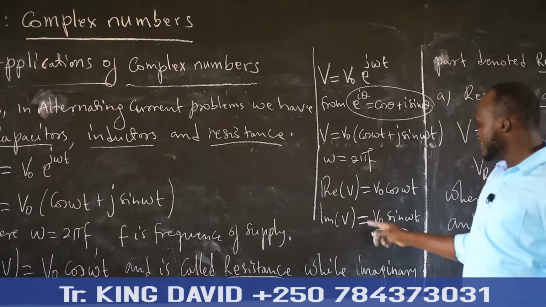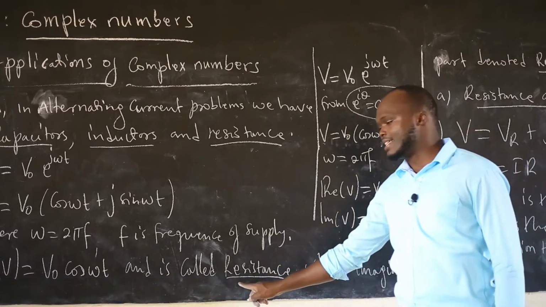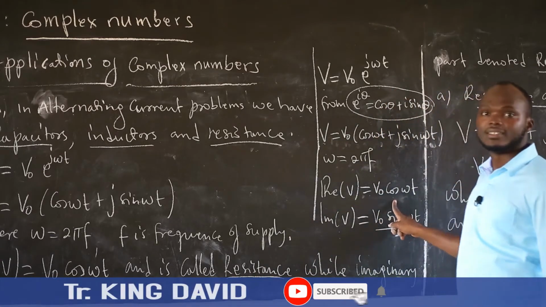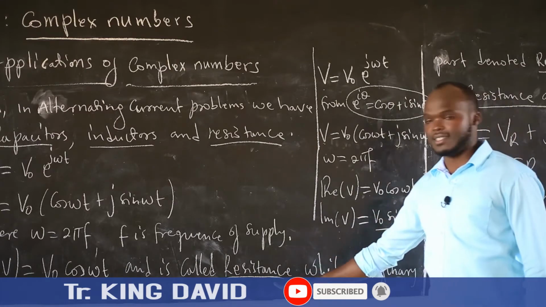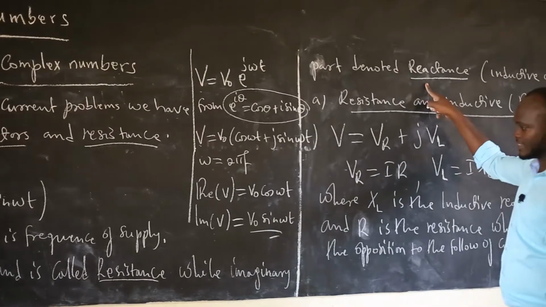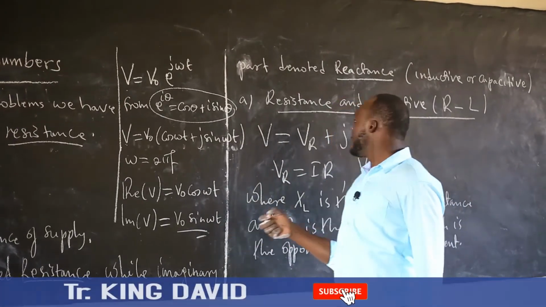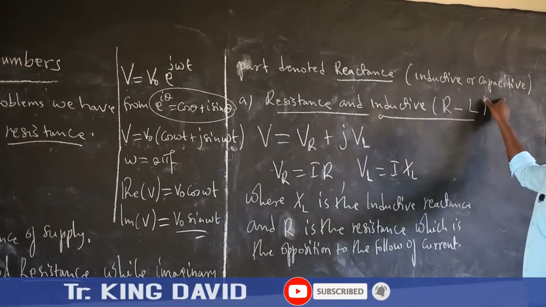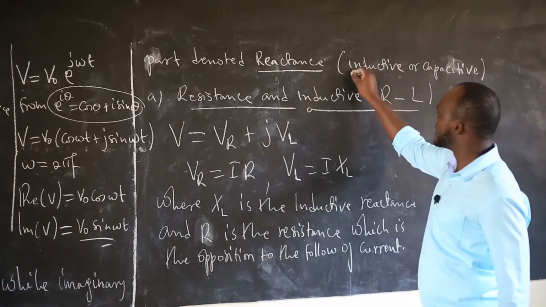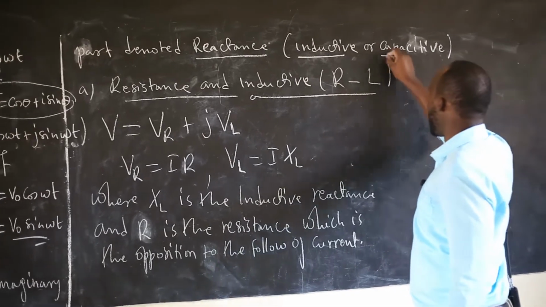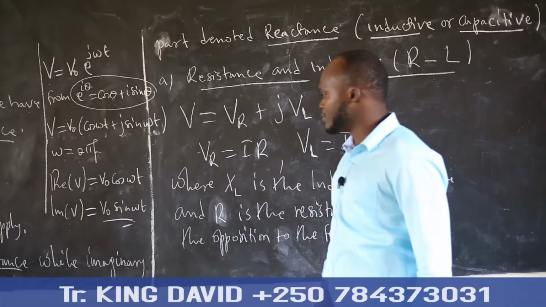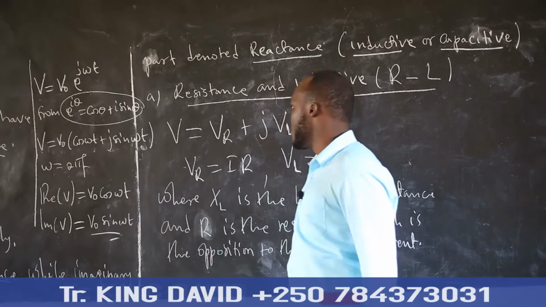This real part is called resistance. The imaginary part we call reactance. The imaginary part contains either inductive or capacitive, which is VO sine omega t.